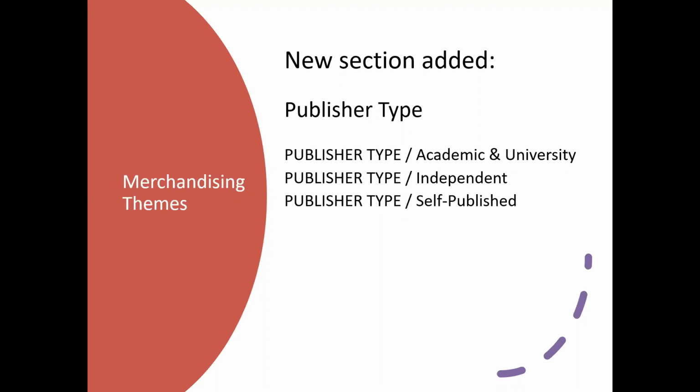So we have something called the merchandising themes. Unfortunately, they're not widely used within the industry, but they are very useful, and I think they're split into 5 types now. I think ethnic and regional, we have event, interest group, and so on.